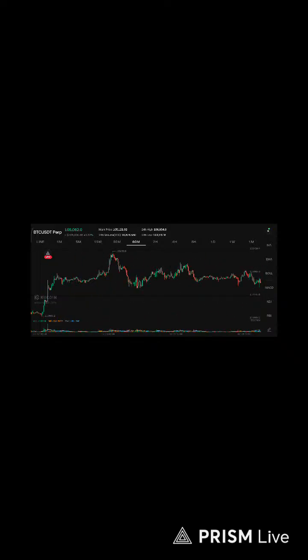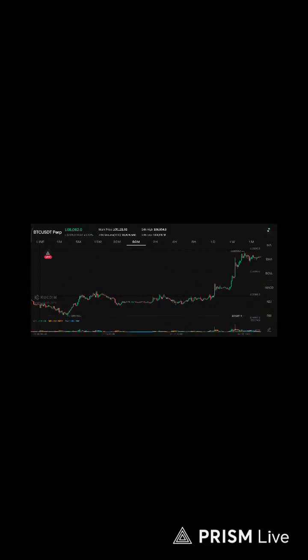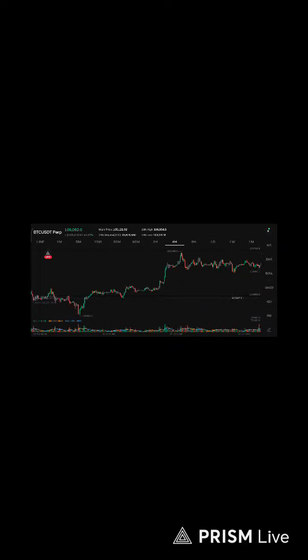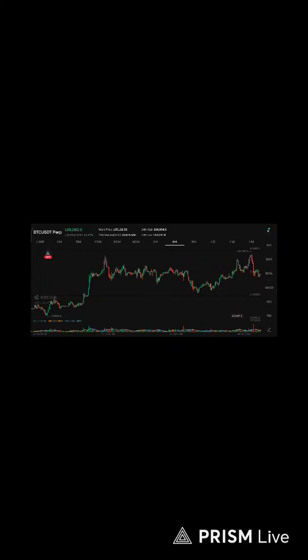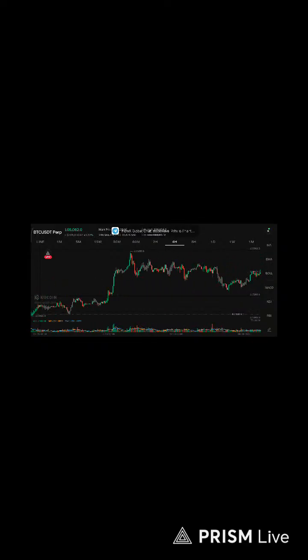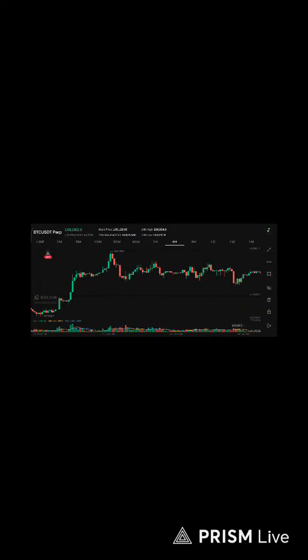Let's go to the 4 hours time frame. This was an example of the bearish Harami candlestick pattern, guys.